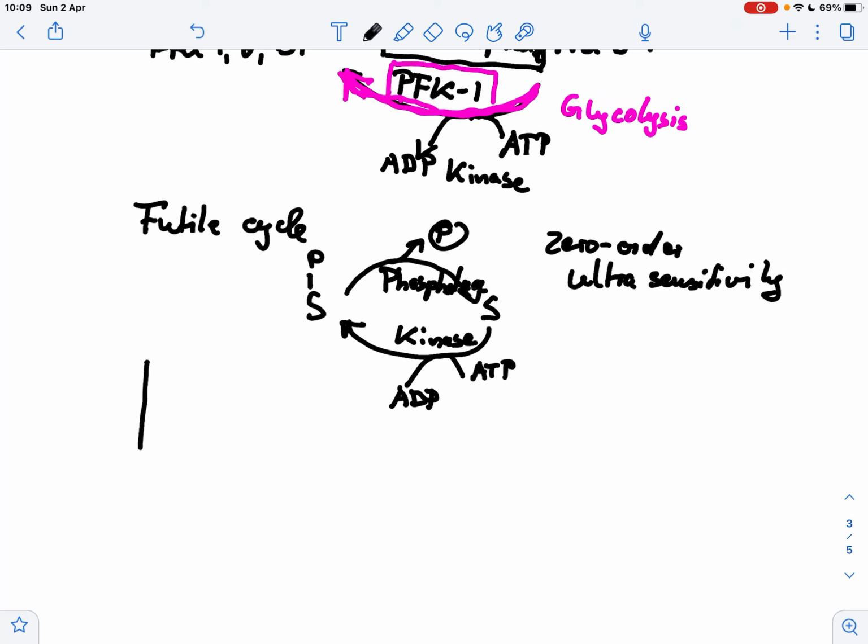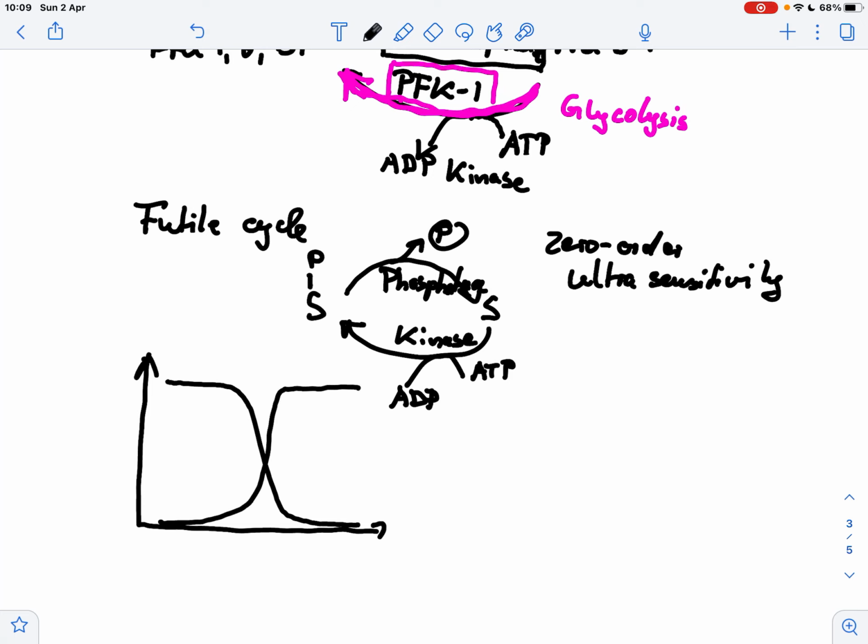Where, when we plot the activities, all we need is a minute change in the activity of one of the enzymes.